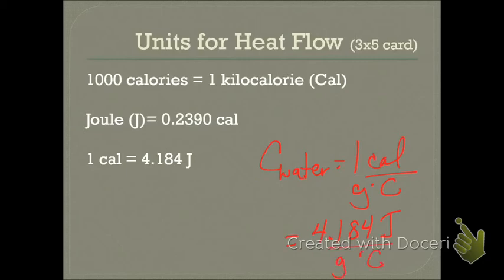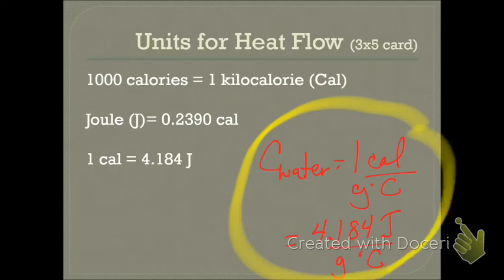Now, before we go any further, make sure that you know this information. Make sure that you know to go from calories to joules, you'd have to multiply by 4.184. To go from joules back to calories, you'd have to divide by 4.184.